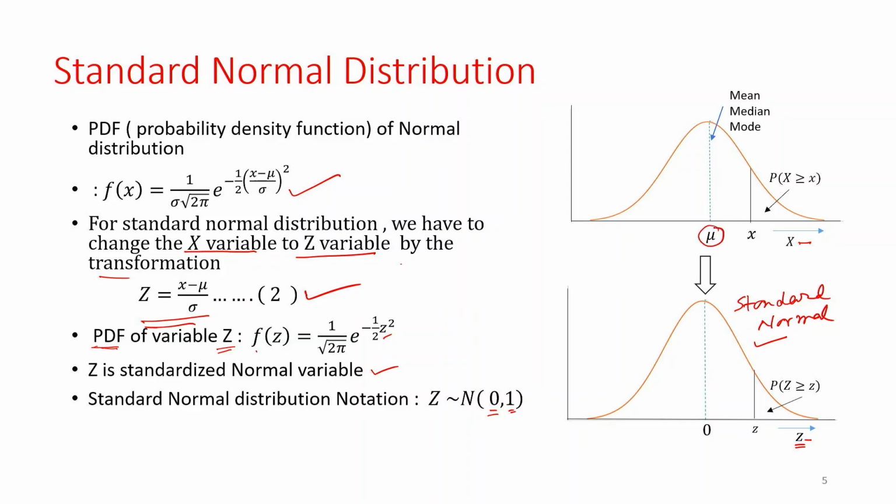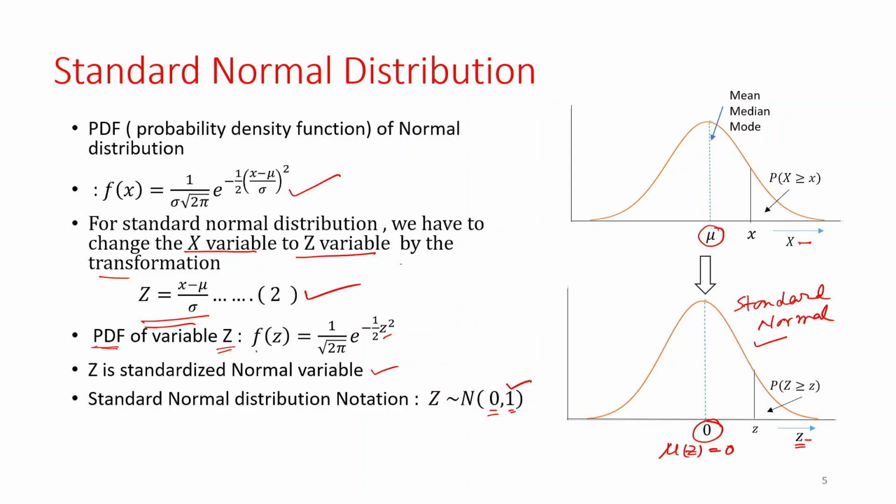The mean, what was μ in the case of normal distribution, whatever the μ value, the mean in the case of the z variable is 0. That means μ_z is equal to 0. And the other important thing is that the standard deviation is equal to 1.